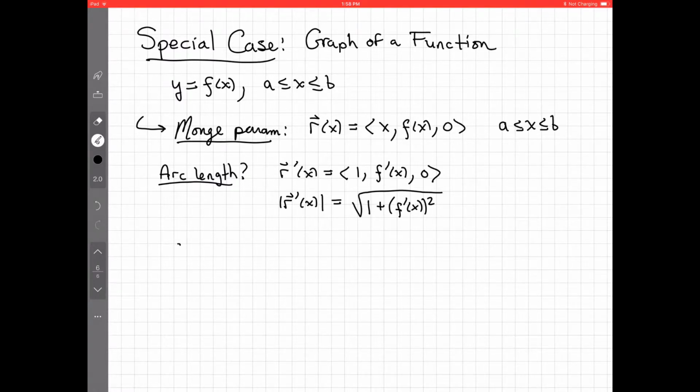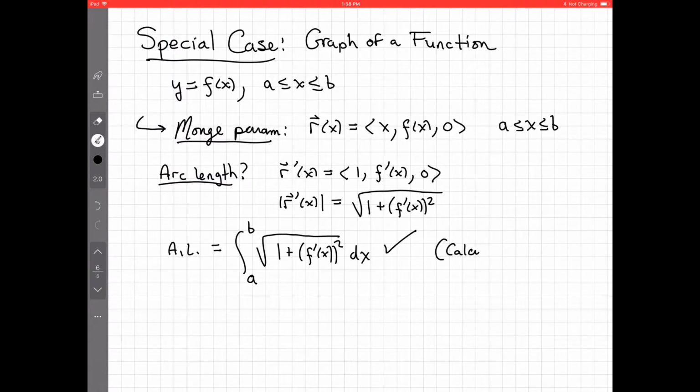And so what is the arc length for this guy? It'd be the integral from a to b, that's the domain for our parameter, of the length of r prime, which is the square root of 1 plus f prime of x quantity squared, dx. And what do you know? There's our arc length formula, may be familiar from calculus 2, right?